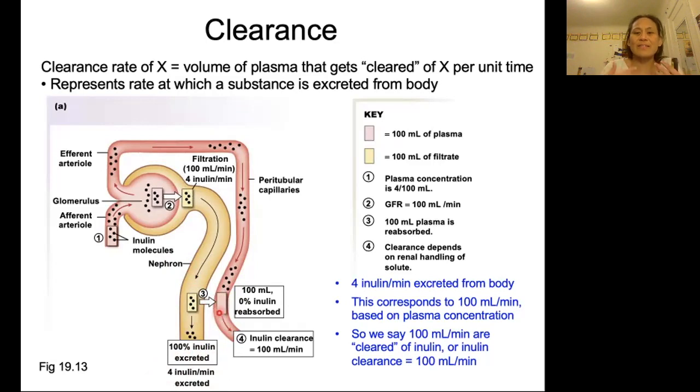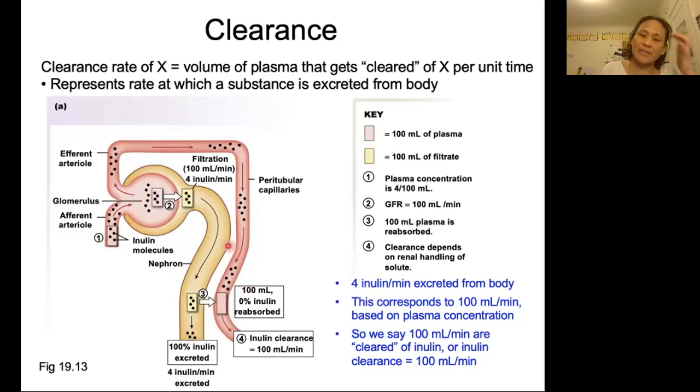So it's kind of like saying we started with 100 milliliters with our 4 inulin molecules in it. At the end, we ended up with that same 100 milliliters, but without inulin in it. Okay, so we say that we cleared that 100 milliliters of inulin.